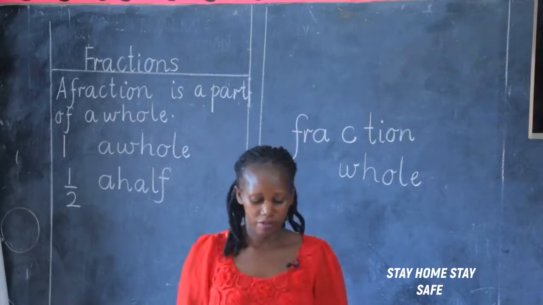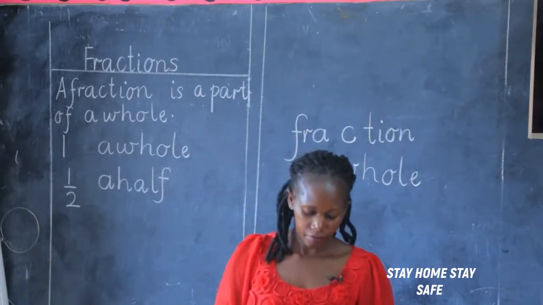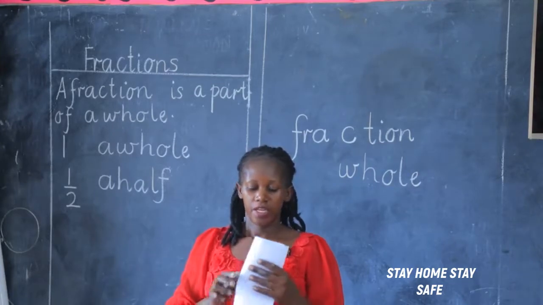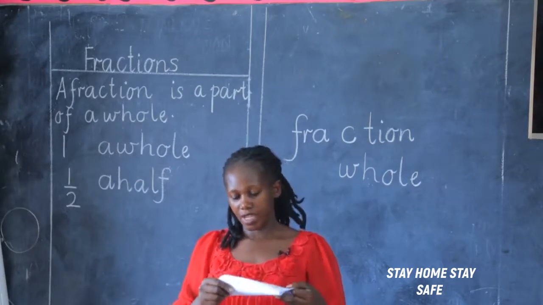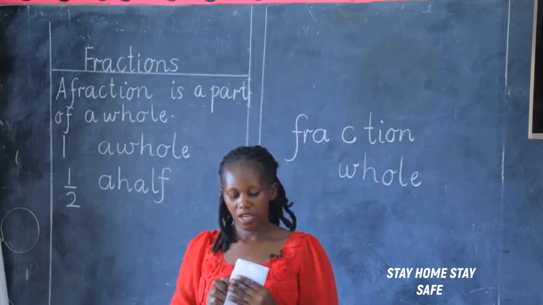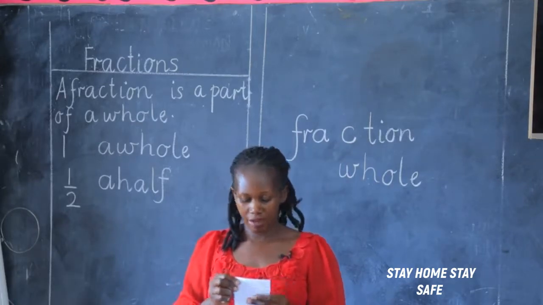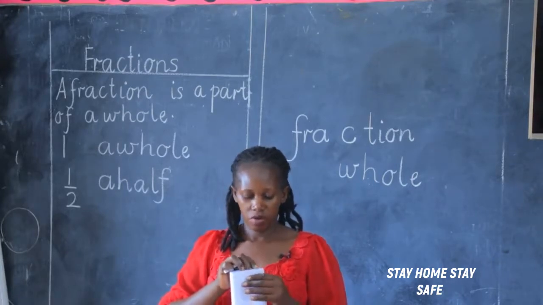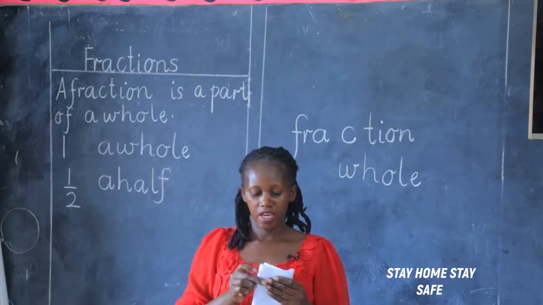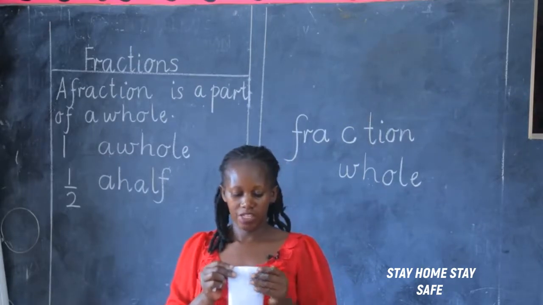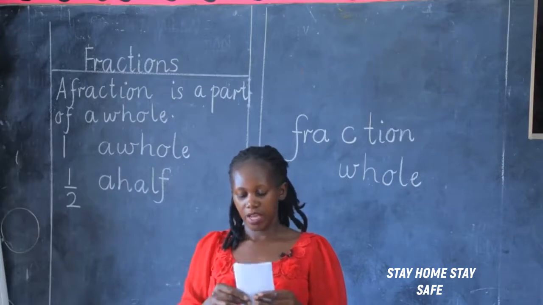You're going to tell me. I'm folding it into equal parts. As I told you, all the parts must be equal. They must be the same. You cannot make a fraction when one part is big, another one is small. No. They must be of the same size.